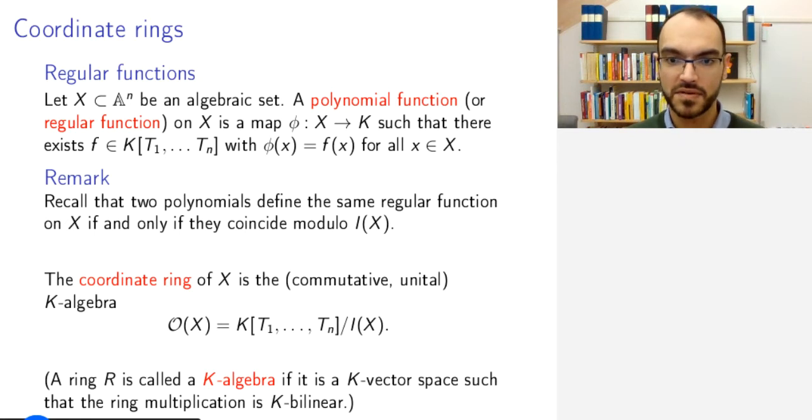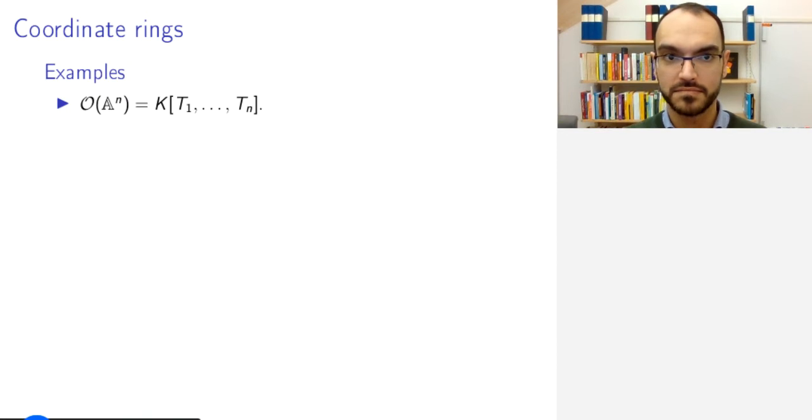So it's a K-vector space where the ring multiplication is bilinear. That is what is meant by a K-algebra, and this is certainly the case here. The multiplication of polynomials is K-bilinear. So that is the coordinate ring of an algebraic set.